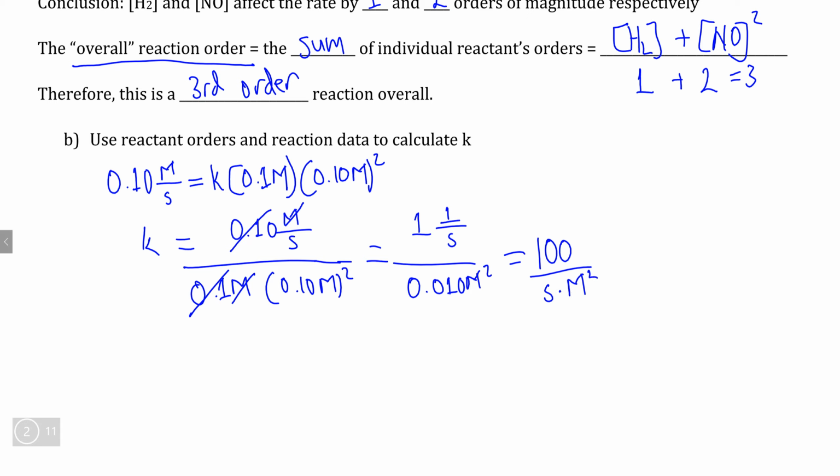So again, the units don't really mean anything on their own. Remember that these particular units just exist to make sure that all of our other units balance out, and that allows this equation to be true.